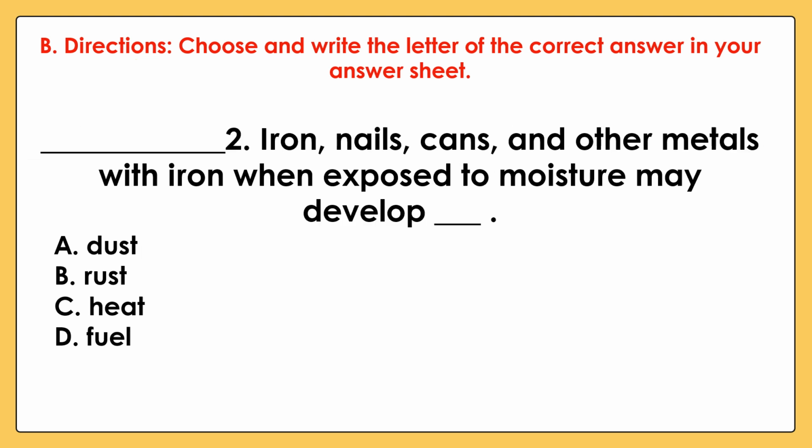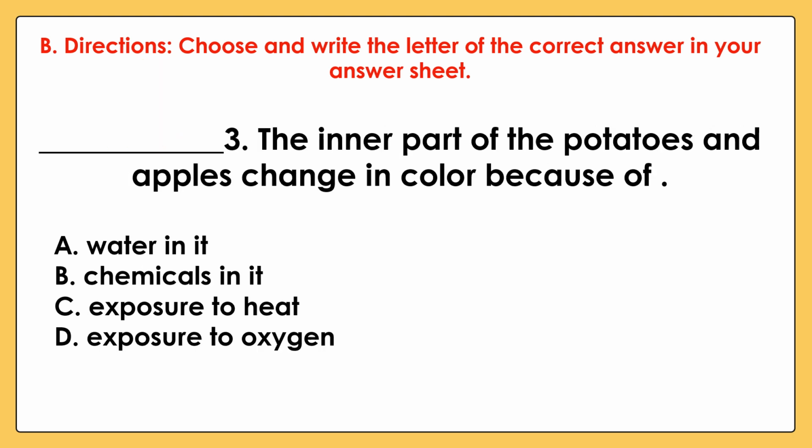Number 2. Iron, nails, cans, and other metals with iron when exposed to moisture may develop A. Dust, B. Rust, C. Heat, or D. Fuel. The correct answer is rust. Number 3.